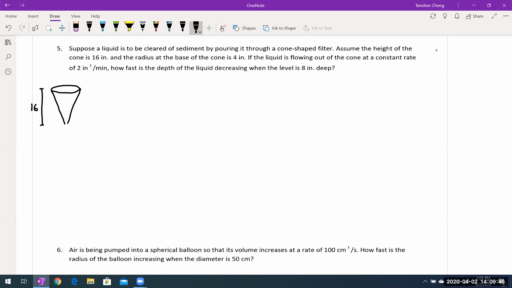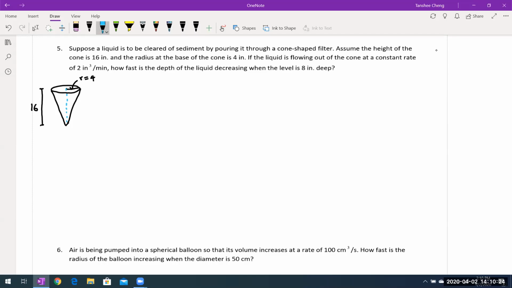And the base of the cone, the radius is 4 inches. That's given to you. Now, the question is asking, when the liquid is coming out at the rate of 2 inches cubed per minute, how fast the depth of the liquid is decreasing.